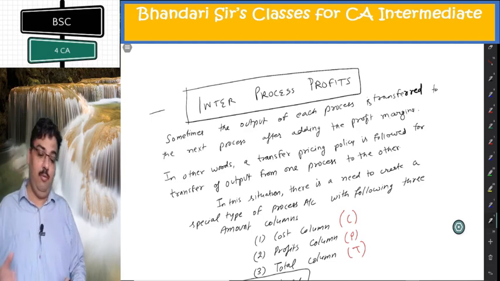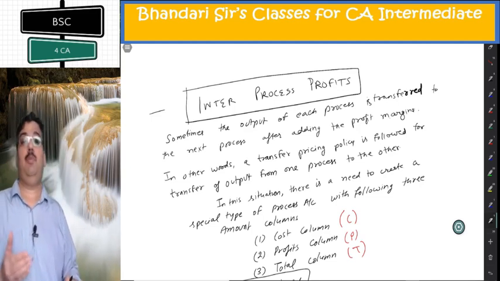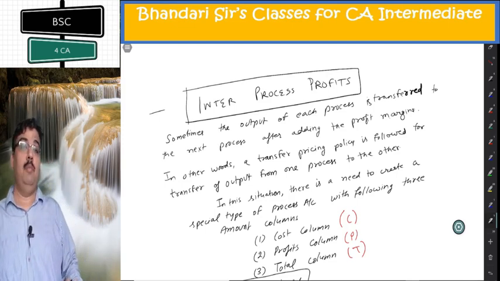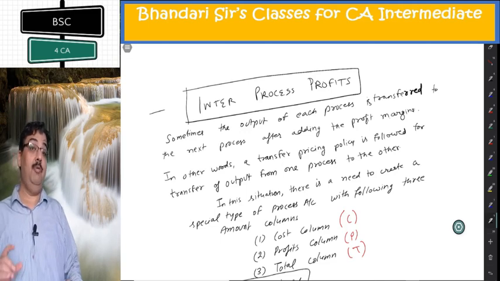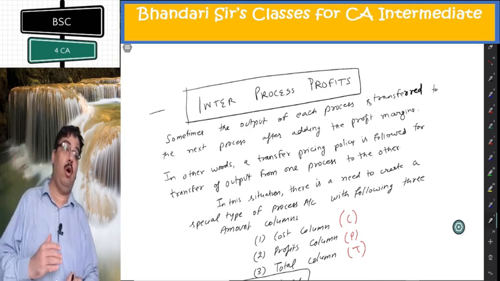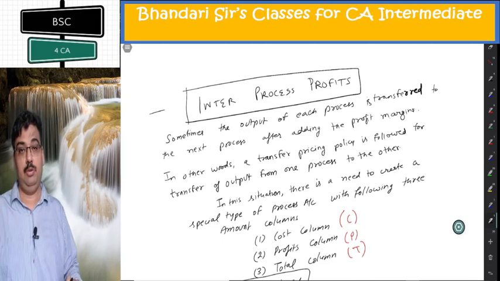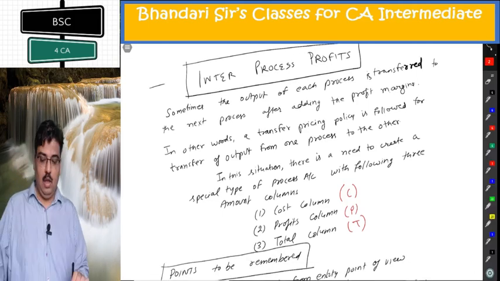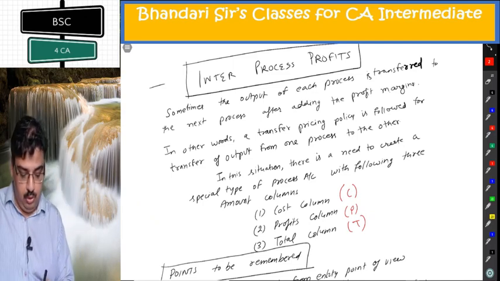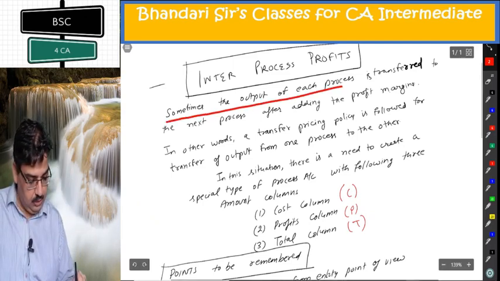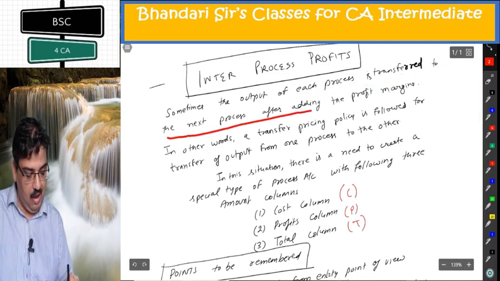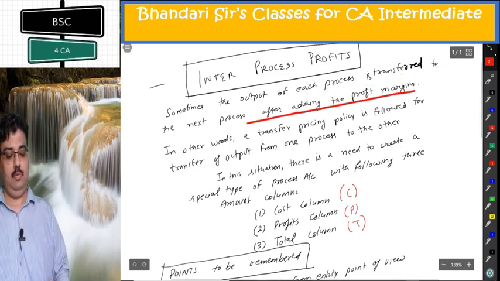Let's concentrate on what is meant by inter-process profits. So far I have told you in process costing, the profits don't come except in costing P&L. But this is a concept where specifically a profit column is made in the process accounts. So where do you get inter-process profits? Sometimes the output of each process is transferred to the next process after adding the profit margins.